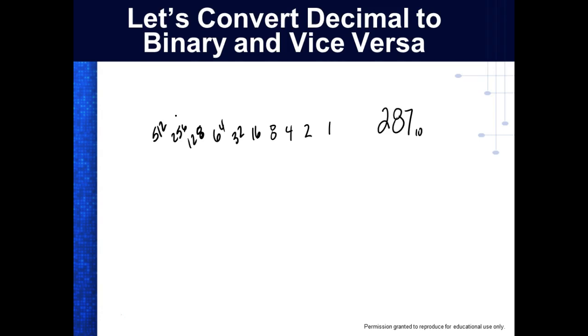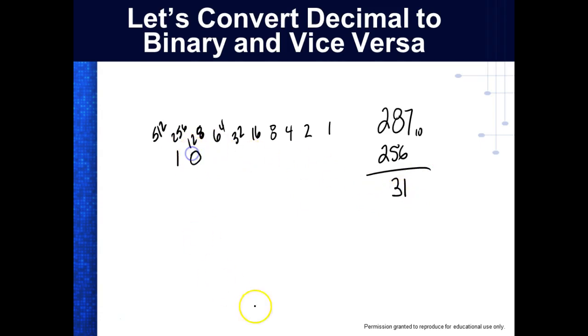So what's the biggest thing that I can subtract from 287? 256. Well, I'm going to put a 1 up here, and I'm going to subtract that highest thing I can subtract. And what does that leave me? 31.